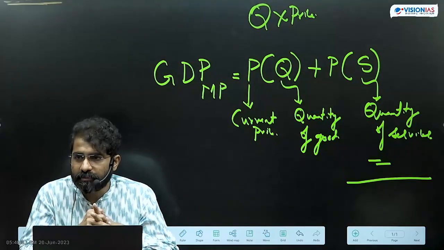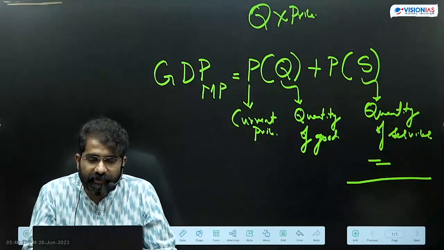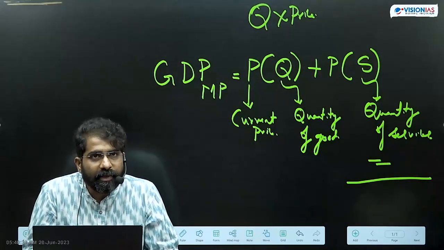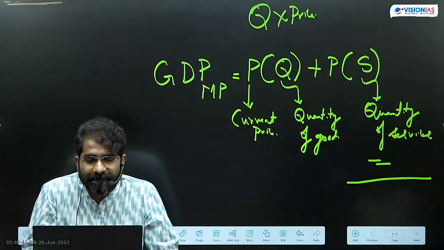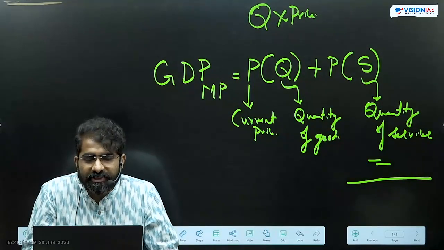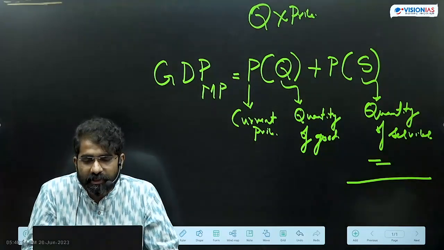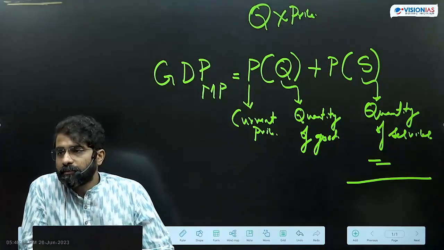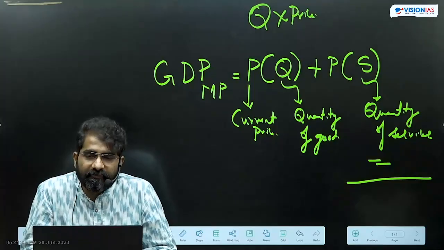Is that clear? Then next point. Estimate net factor income from abroad, which is added to domestic income for deriving NNP at factor cost.